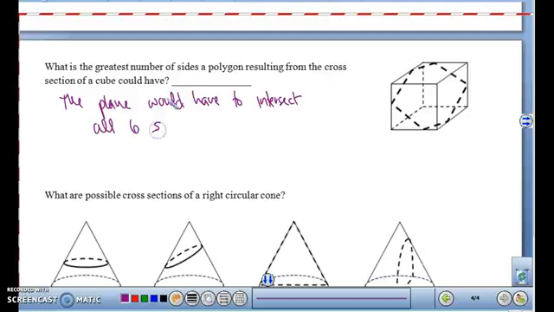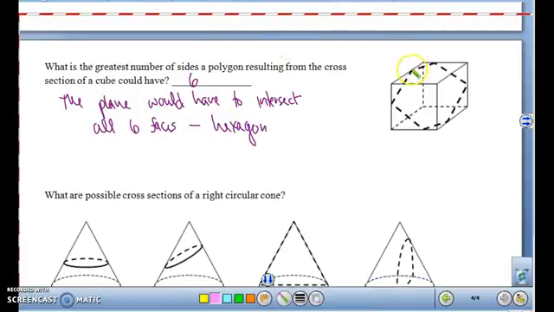You would have to angle your knife so that you could cut all 6 faces. So there'd be 6 sides, and you create a hexagon. If you could somehow cut so that you're touching all the faces at the same time, which would be very difficult, you would have a hexagon. And that is the most that you could have. You can't have more sides than the number of faces for a cross-section.